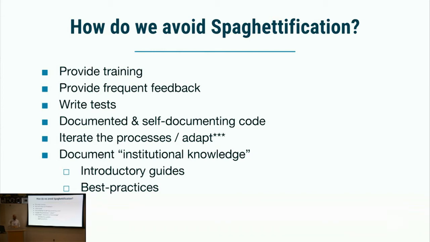Then of course we iterate on all these processes, trying to keep track of what we like and don't like, and adapting as we go. And finally, we document our institutional knowledge of what our best practices are, what we think works and what doesn't, and write introductory guides for people who are new to the group to get them up and running as fast as possible.